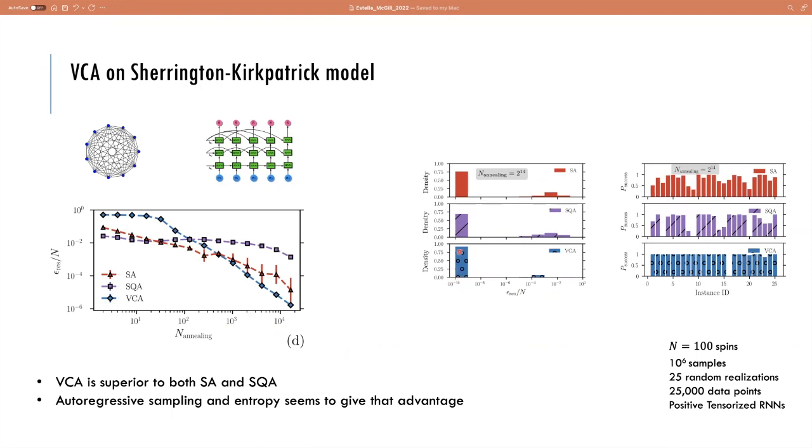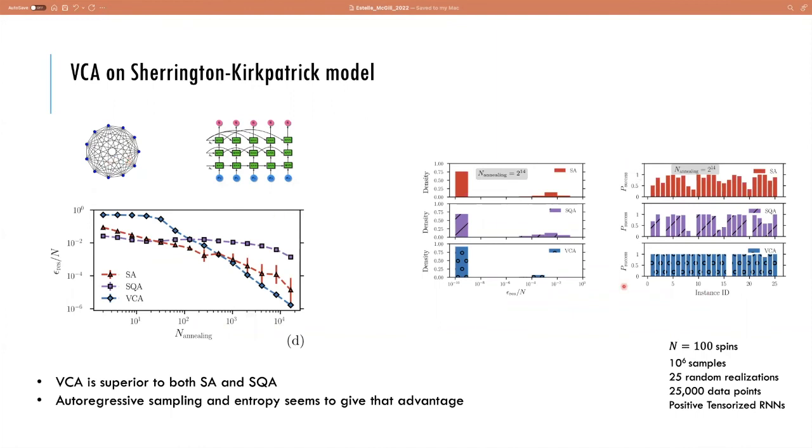We see that VCA finds way more solutions compared to simulated annealing and simulated quantum annealing. Here it fell into some local minimum, whereas the others fall more often into local minima here.